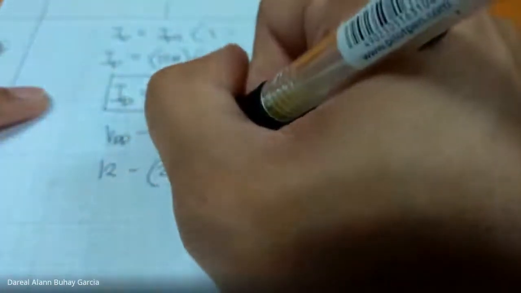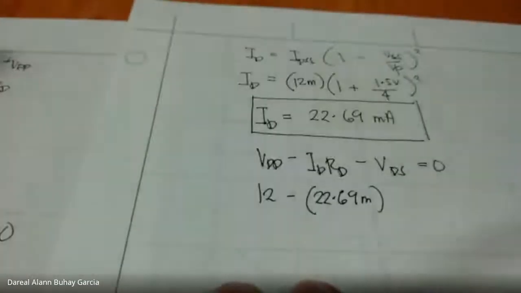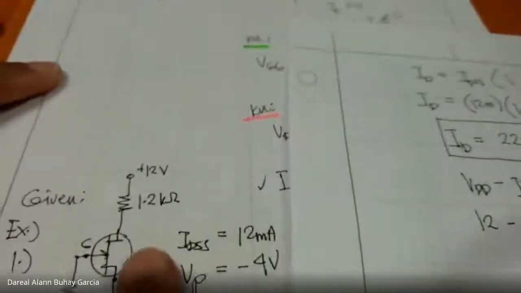VDD is 12 volts. ID is this one, 22.69 milli. RD is 1.2 kilo ohms.